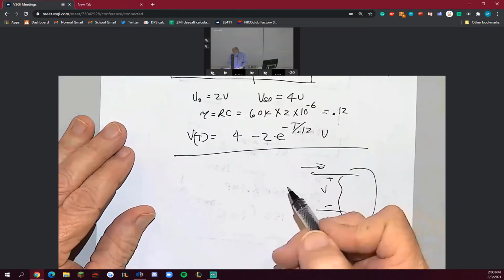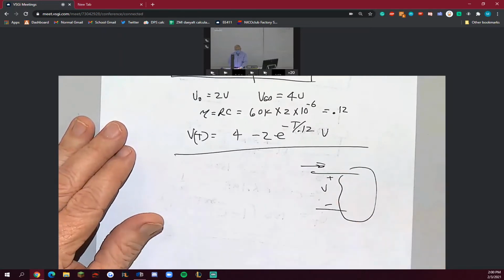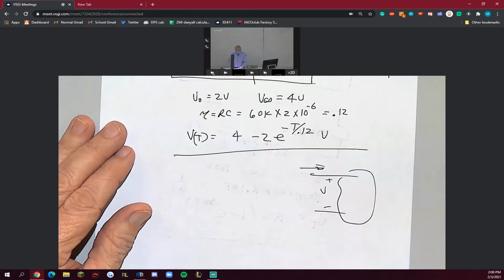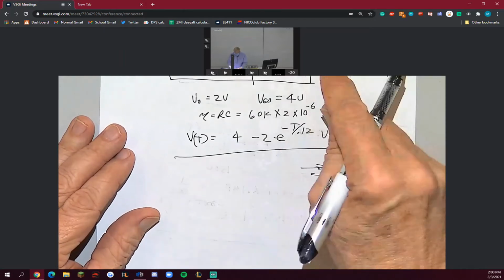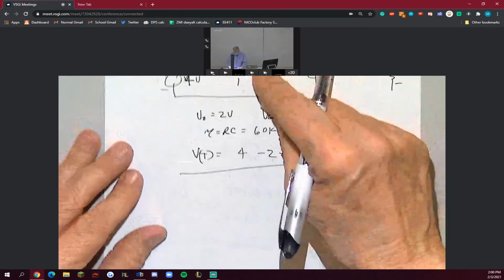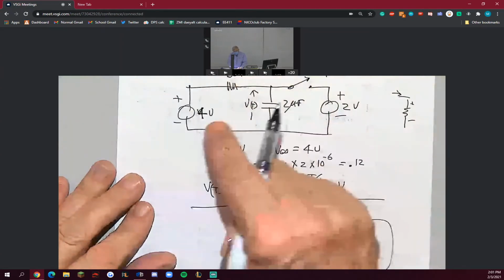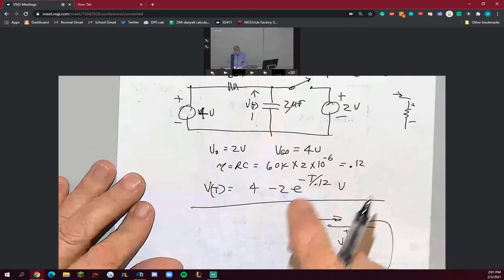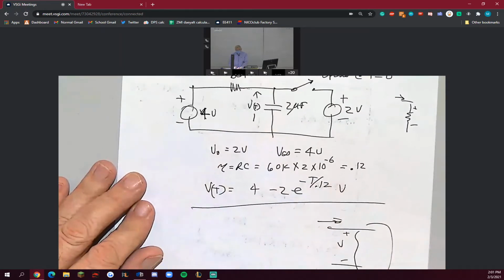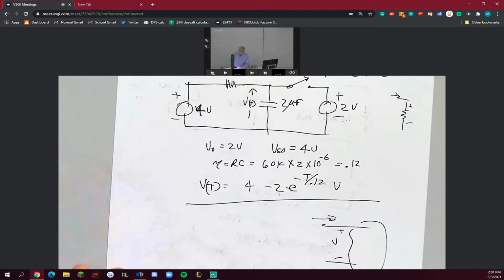And if the current's going the other direction, it's providing energy. And when this switch opens, even though this capacitor has 2 volts on it, it's going to absorb more energy because it's going to be getting charged up to 4 volts. Take a look at it.